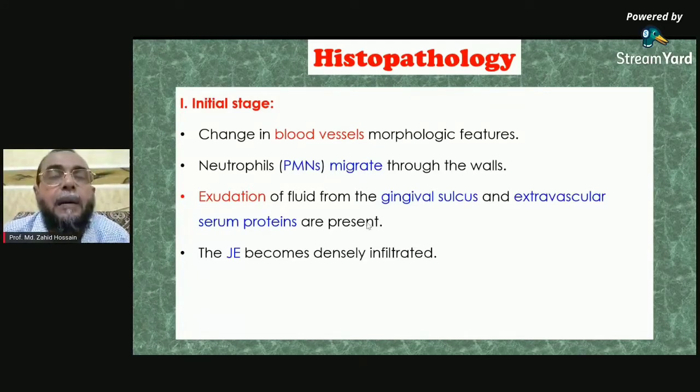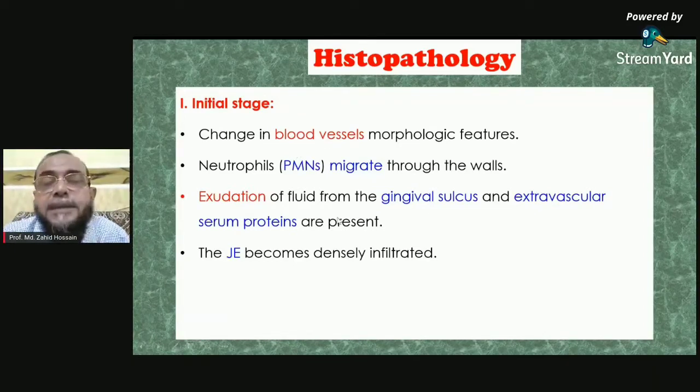So at first, polymorphonuclear neutrophils migrate from the blood vessel, pass through the vessel wall, and come to the gingival crevice and enter the gingival sulcus.